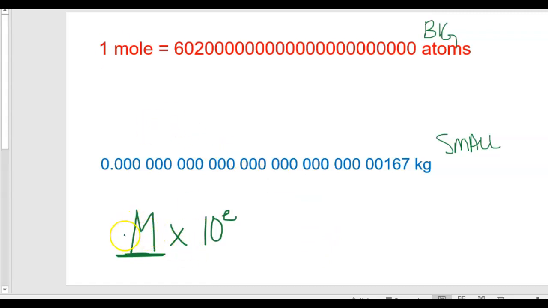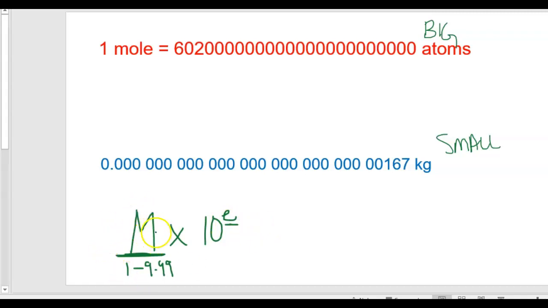Whatever number goes into this spot is going to be between 1 and 9.99. And this is going to be our exponent, times 10 to the whatever.